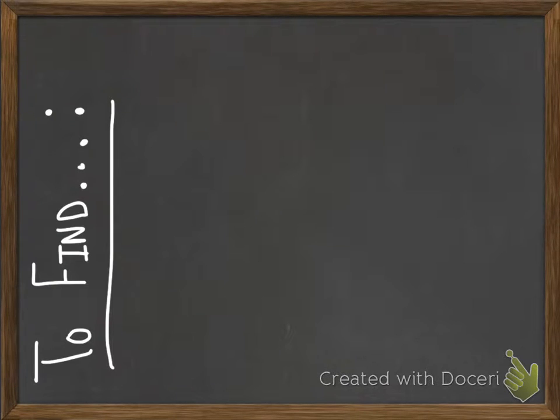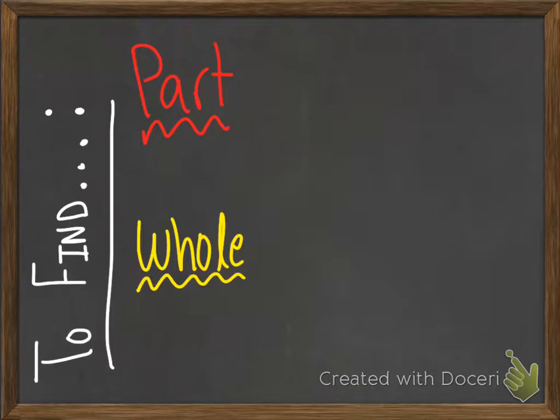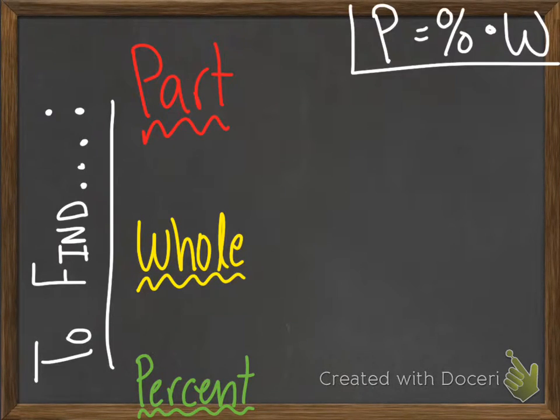So we have three things here, right? Because in our equation, we have part, percent, and whole. If we want to find our part, our whole, or our percent, we have different ways to do that, and they all follow the same basic pattern. To find your part, I'm going to put our equation up in the corner just so we remember: part equals percent times whole. You'll probably see this referenced in other places without p, percent, and w, because it's a little cumbersome and no one really uses those variables.